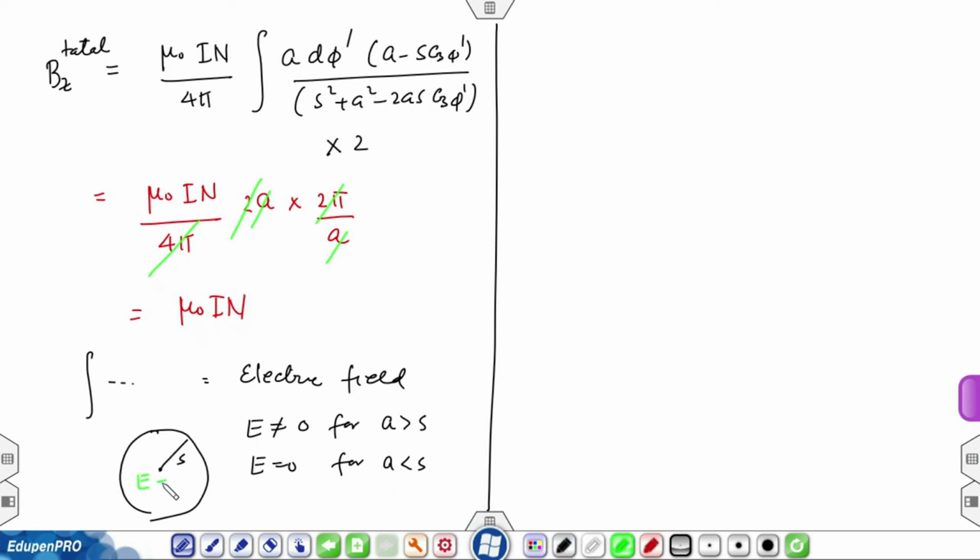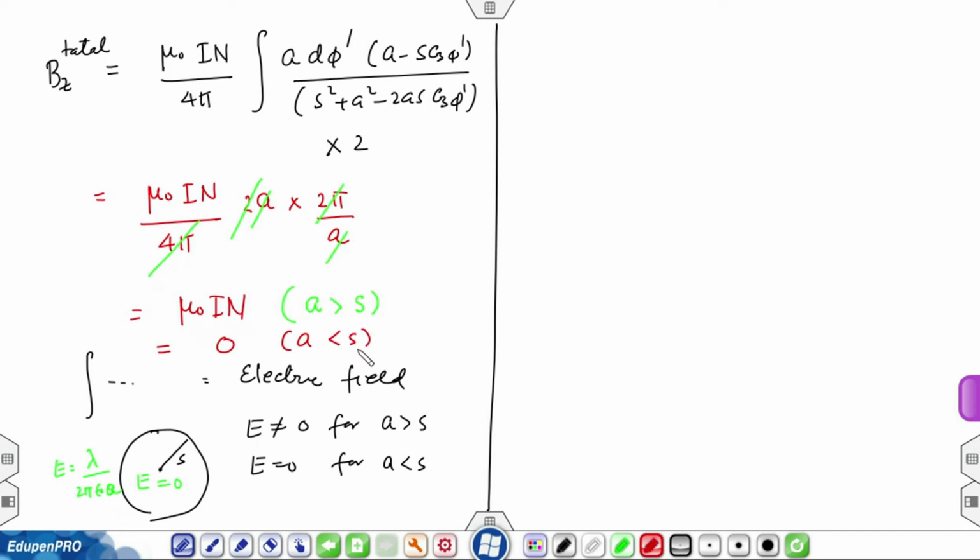E is 0 inside and E is lambda over 2 pi epsilon 0 s or a outside. So, this is for a greater than s, and this will be 0 for a less than s.